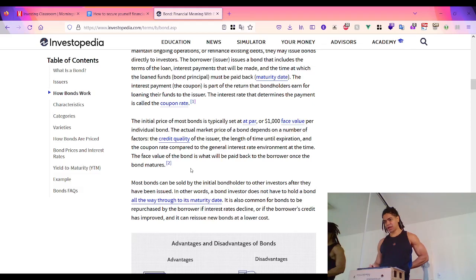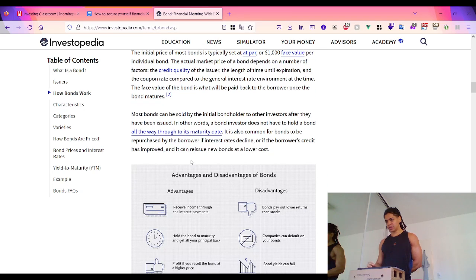The face value of the bond is what will be paid back to the bondholder once the bond matures. Most bonds can be sold by the initial bondholders to other investors after they have been issued. In other words, a bond investor does not have to hold a bond all the way through its maturity date.